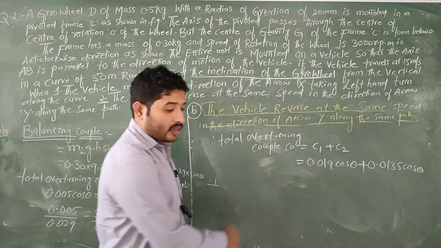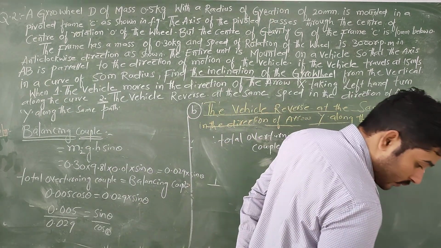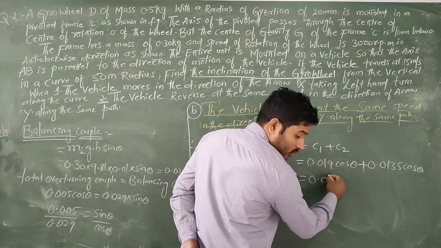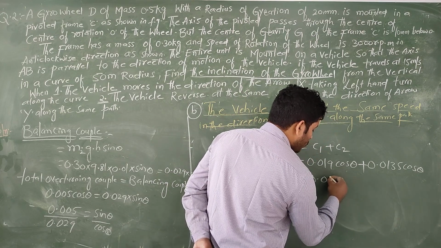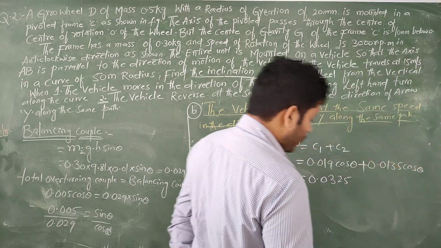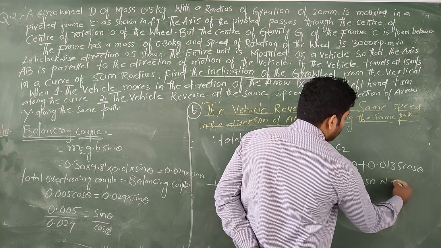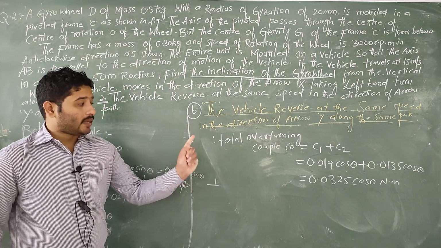If you add both values, you will get 0.0325 cos theta Newton meter. That is the value of total overturning couple.